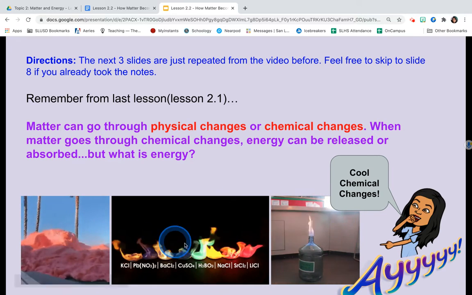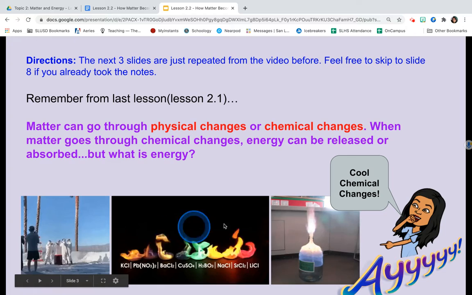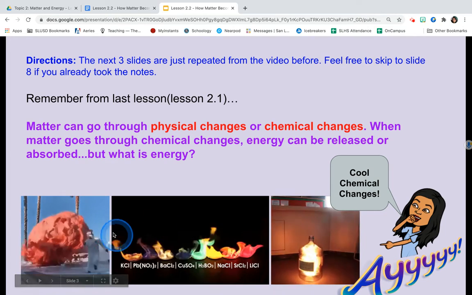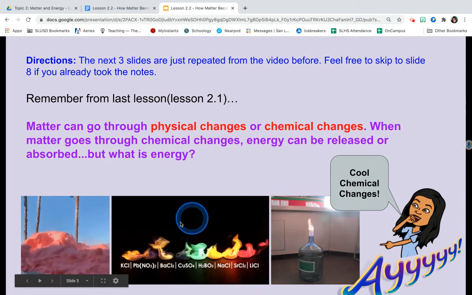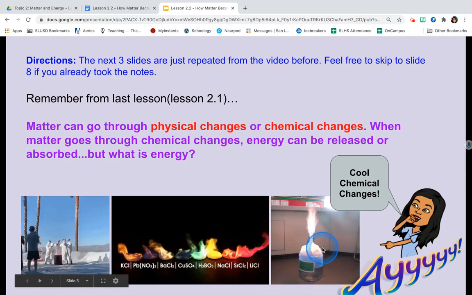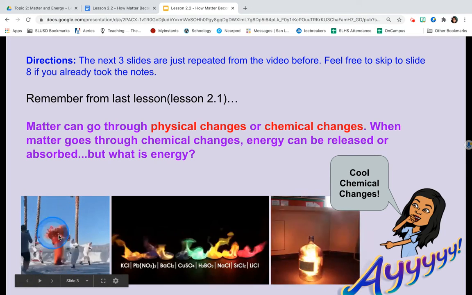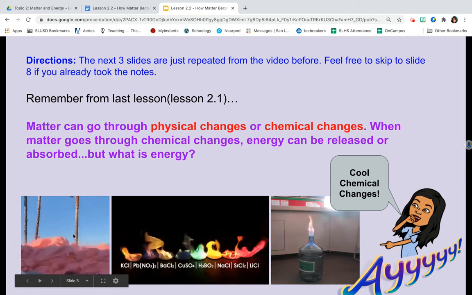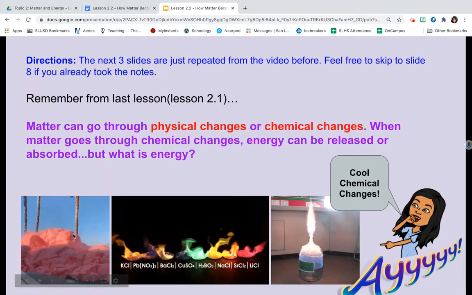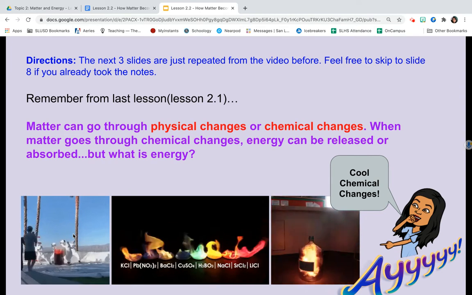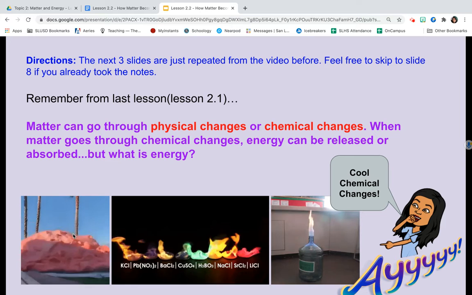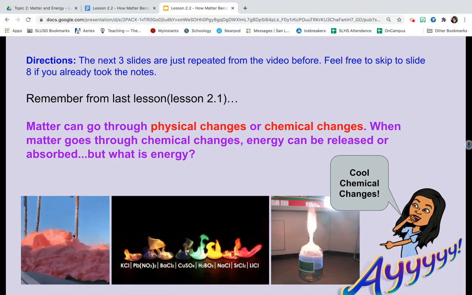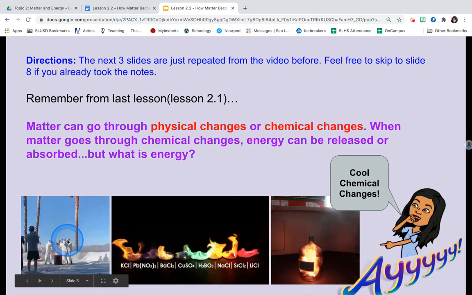So, in all three of these cases, energy is being released. And I know this because you can kind of feel the heat off of this one and this one. This one is hard to tell, but when I demo this, and maybe when we return from distance learning and we do this experiment, you can feel the heat coming off of the foam bubbles as well.